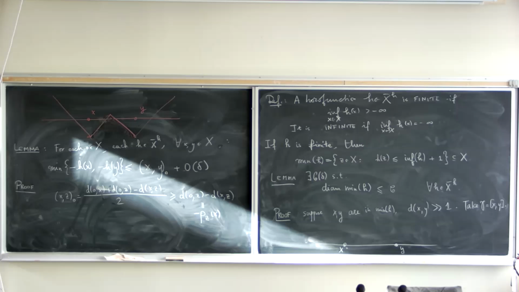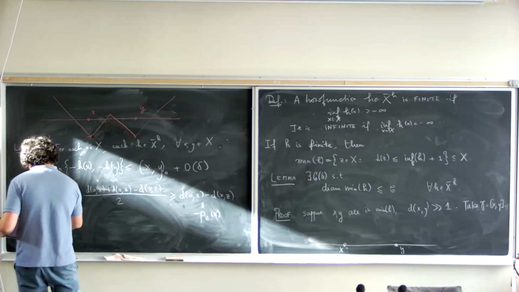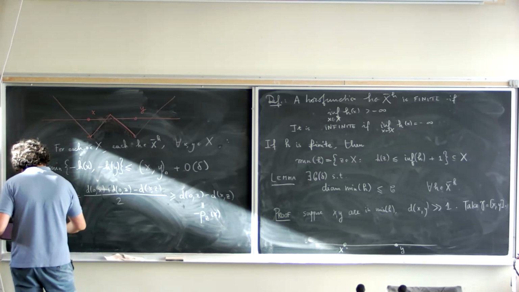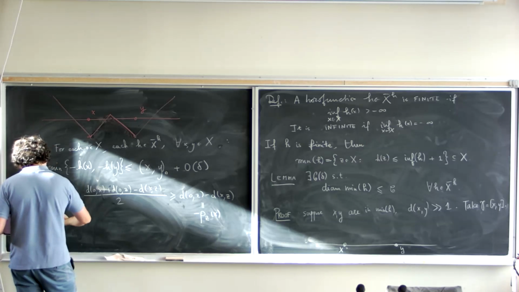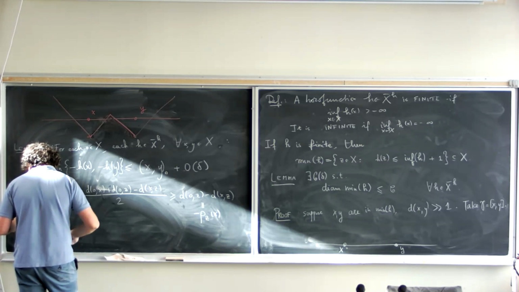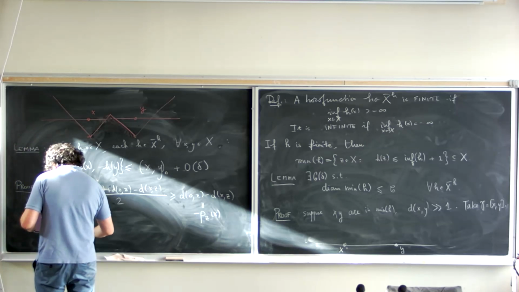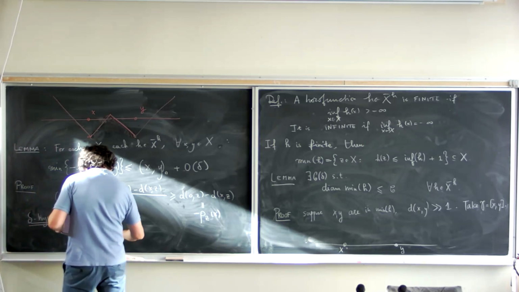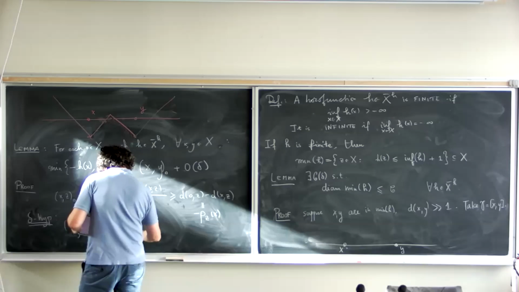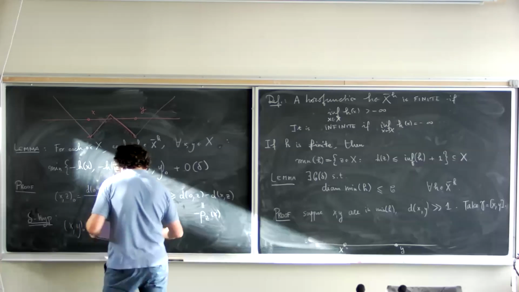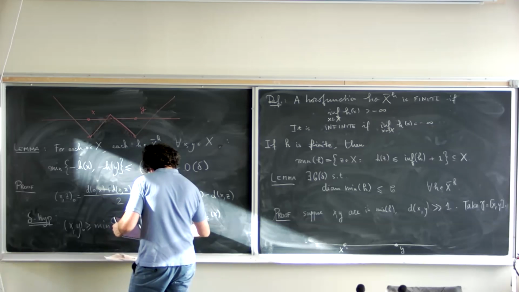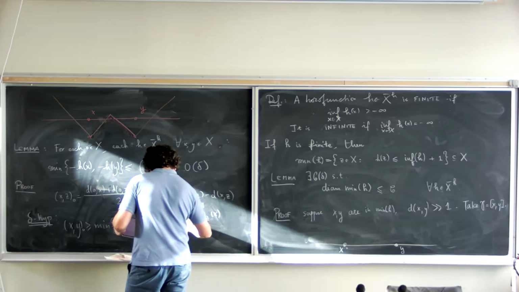What does require the delta hyperbolicity is the following, which is another equivalent characterization of delta hyperbolicity we didn't discuss. It's this: if you have (X,Y)_O, it is bigger or equal than the minimum between (X,Z)_O and (Y,Z)_O minus delta.